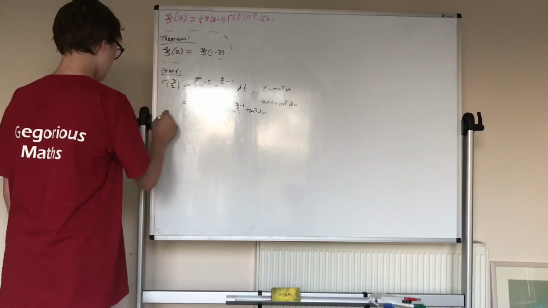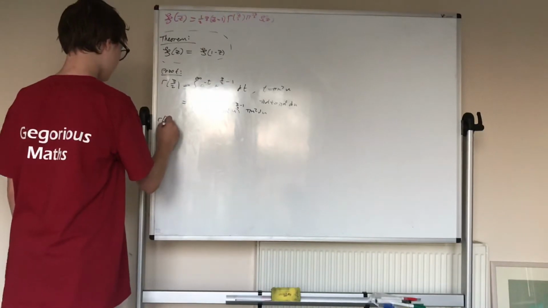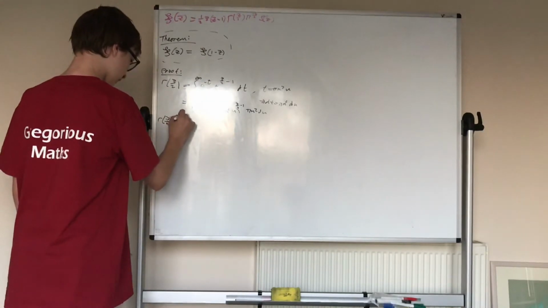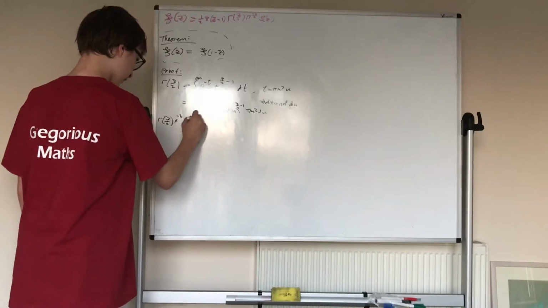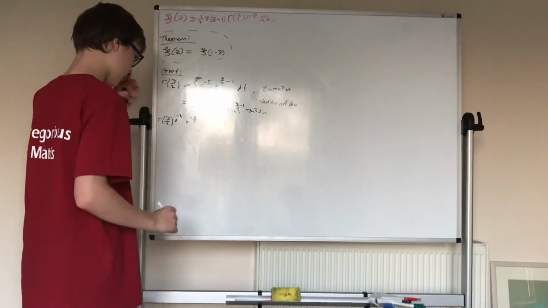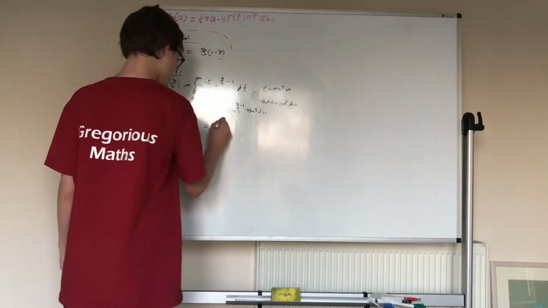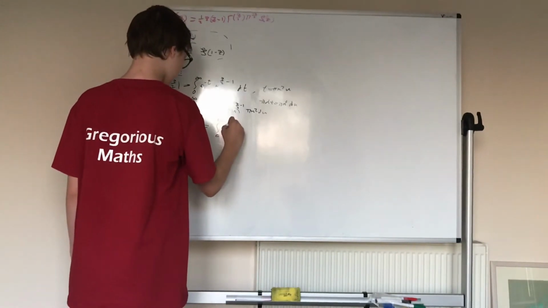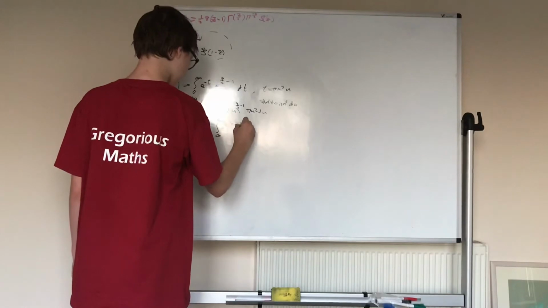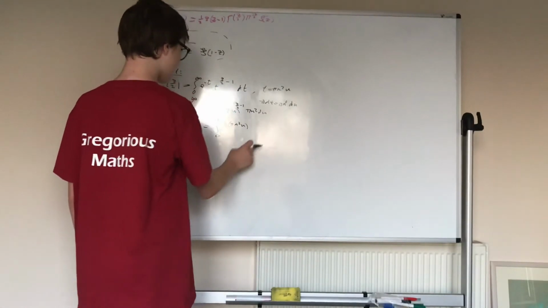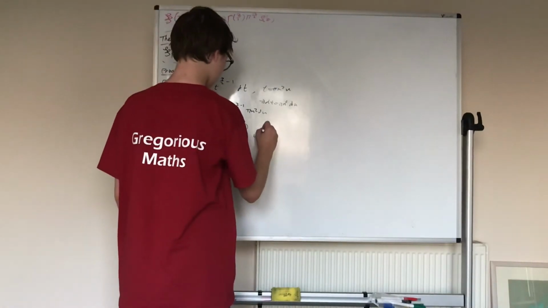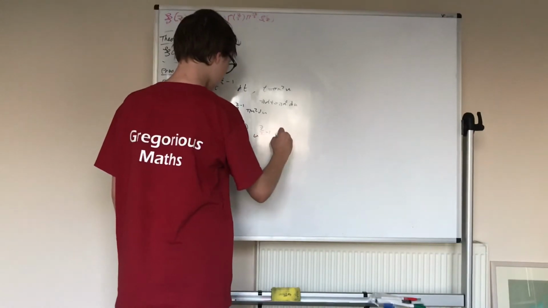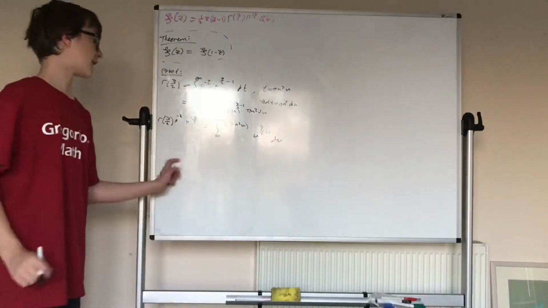So we get gamma of z over 2, n to the negative z, pi to the negative z over 2, equals the integral between 0 and infinity of e to the negative pi n squared u times u to the z over 2 minus 1 du. So this is what we end up with.